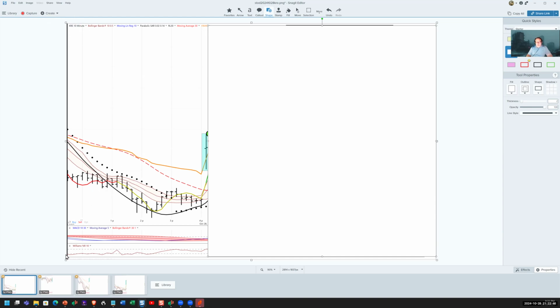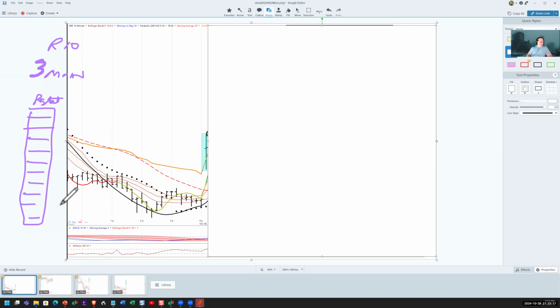Here's in a nutshell our thinking on that. If you're using a 3-minute chart, you can use the R10, which is you take a range stat and divide that by 10.